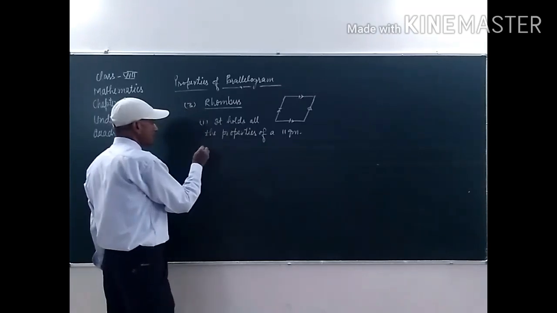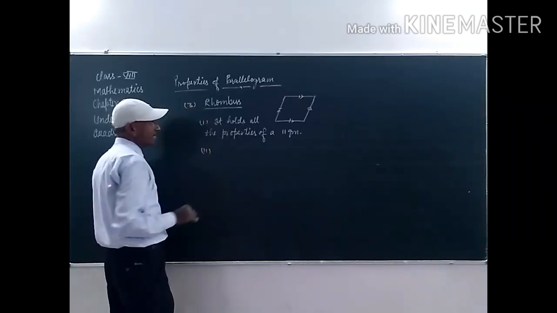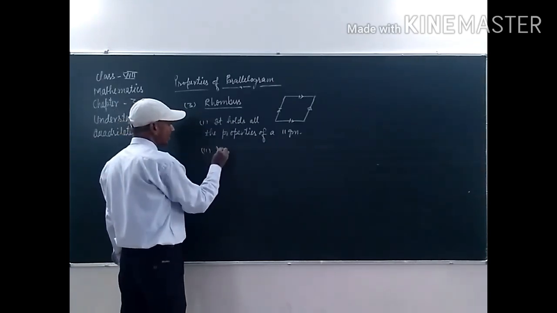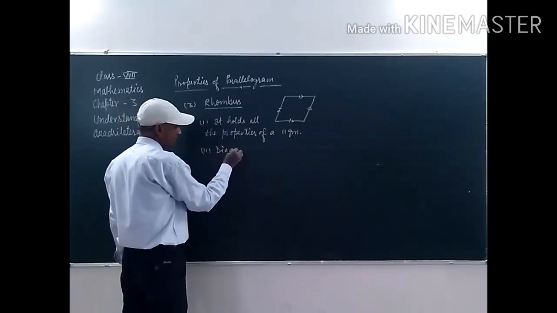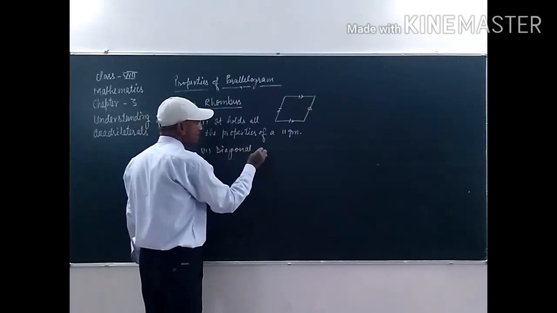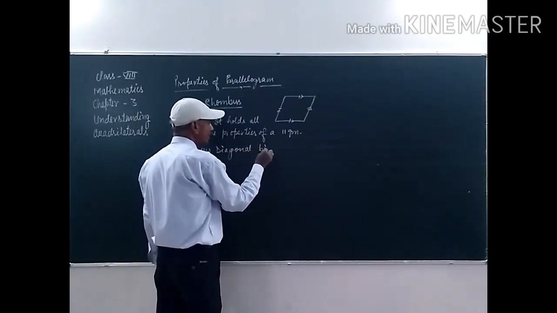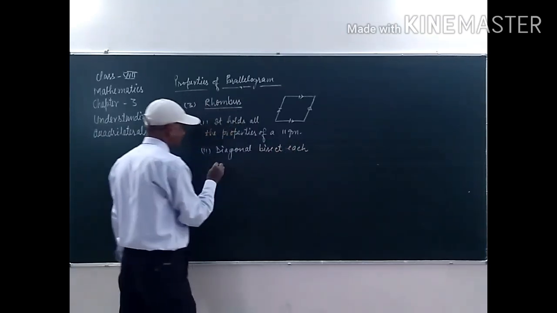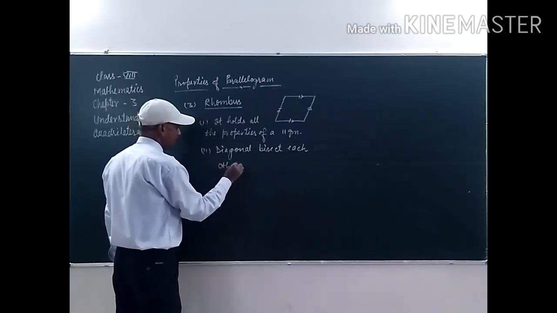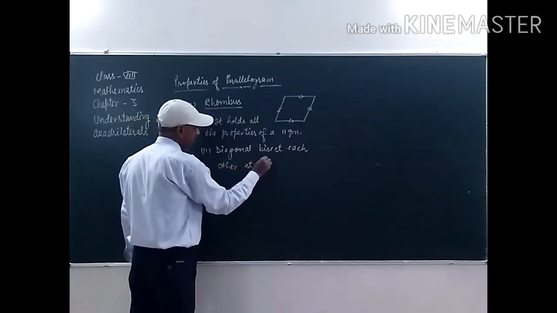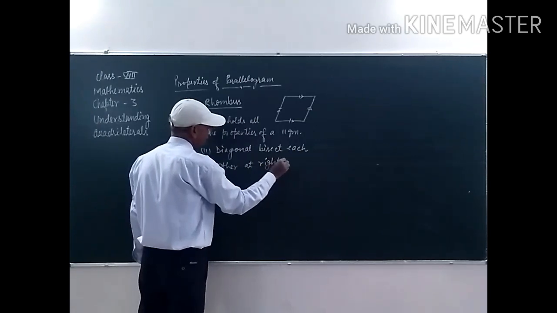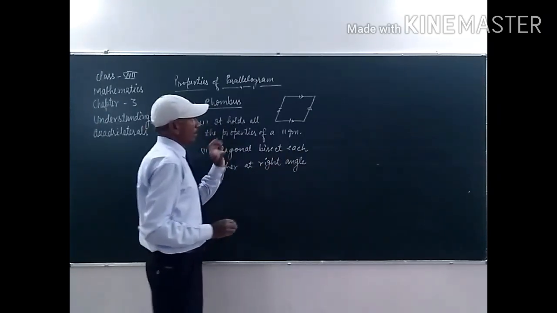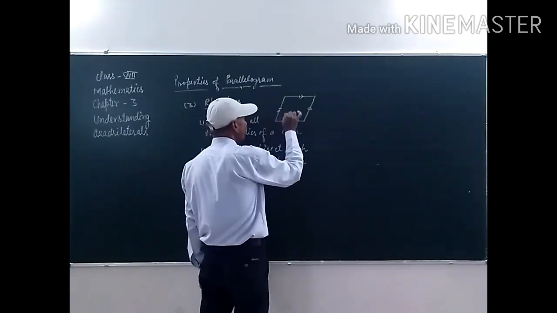And second one, diagonals of a rhombus bisect each other at right angle. Students, in this there are two diagonals.